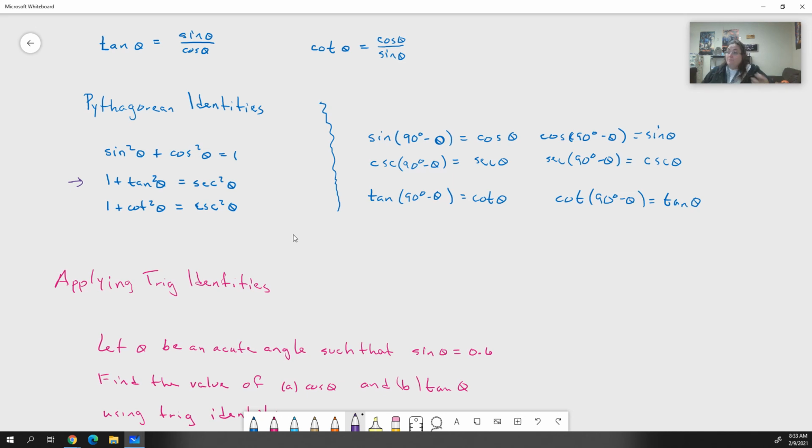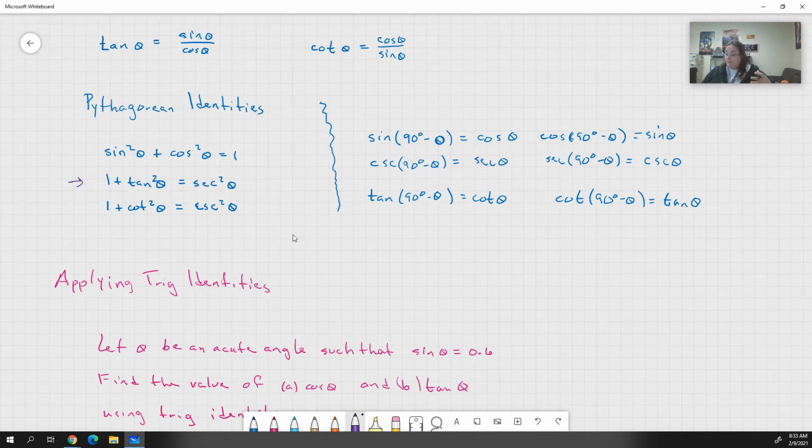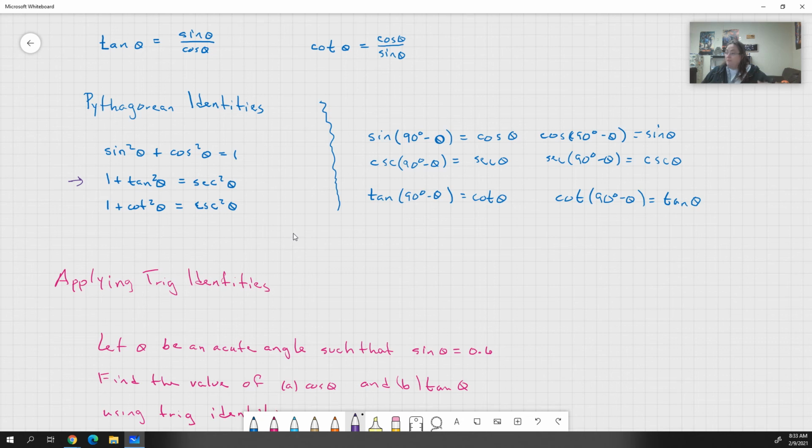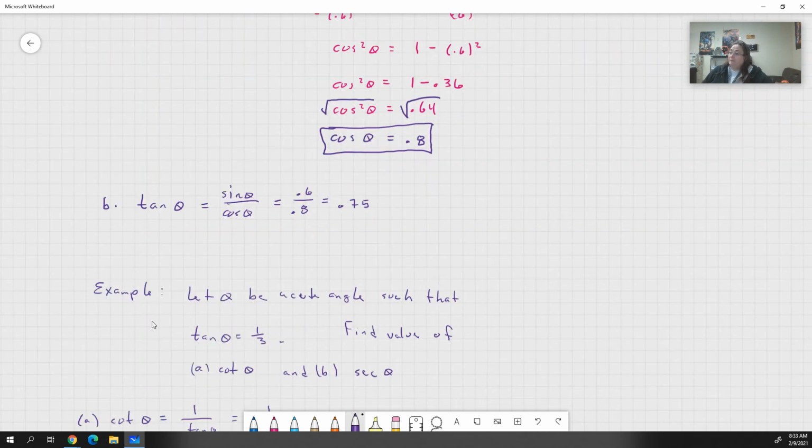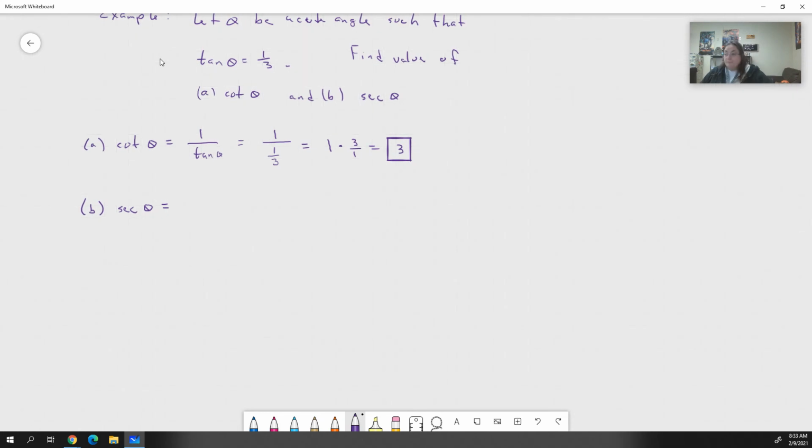So I'm going to use 1 plus tangent squared theta equals secant squared theta. I'm going to go back here. So what do I know? I know that 1 plus tangent squared theta equals secant squared of theta.